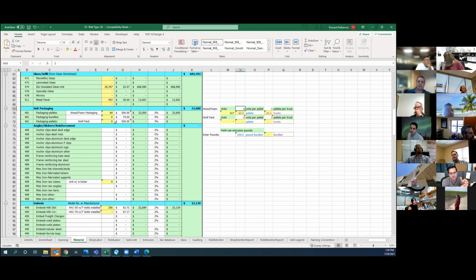This newest version has wolf packs in there as well. And if this job had units that were good candidates for the new packaging system, it would relay that as well. So you could see whether or not the new packaging system with the reusable racks for units could be used.